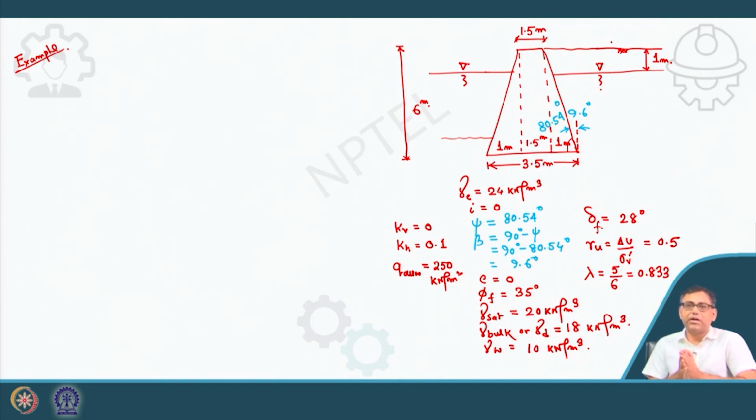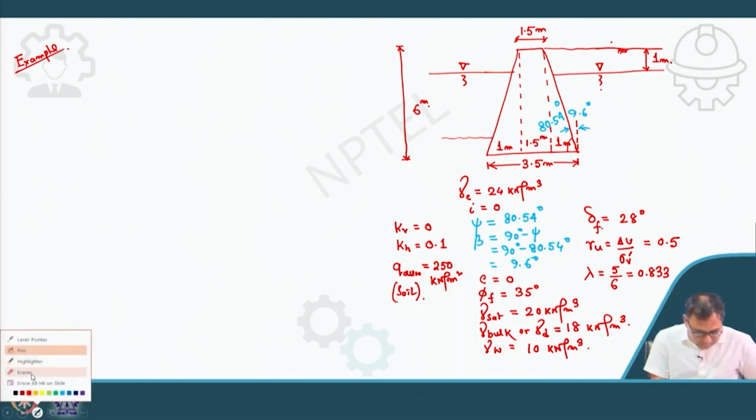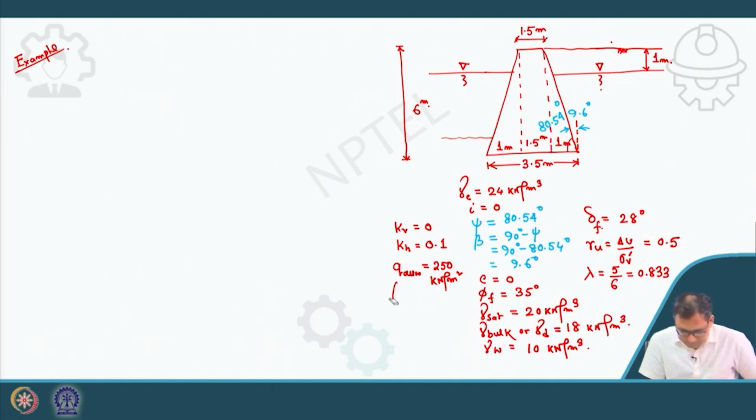So we have to check that the stress coming on the soil should be less than 250 kilonewton per meter square. Obviously soil means here the base soil.